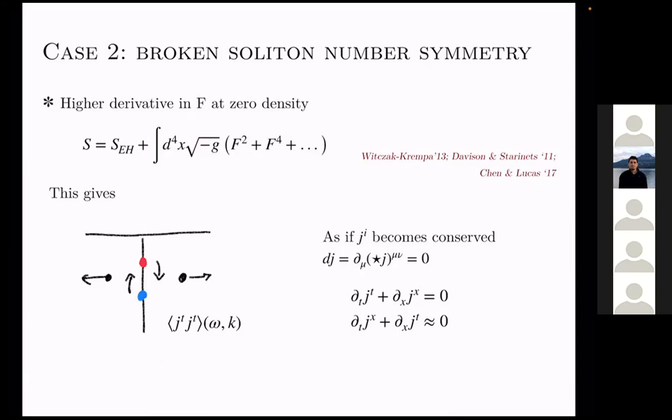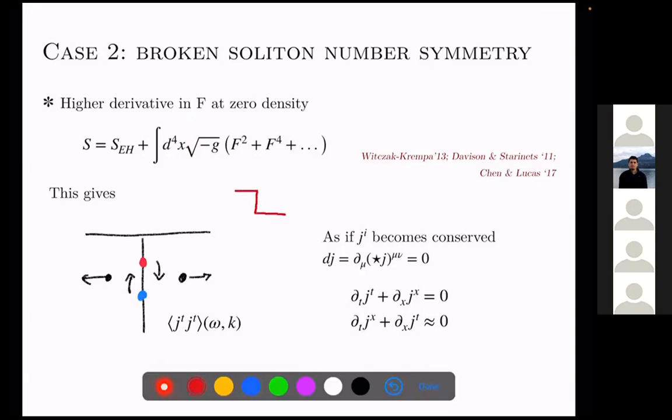When you create some profile of a density here, it's going to move around. You can collide it with the other one moving this way, and they just move past each other, and nothing is happening. There's no diffusion, so there's no colliding with each other or anything.